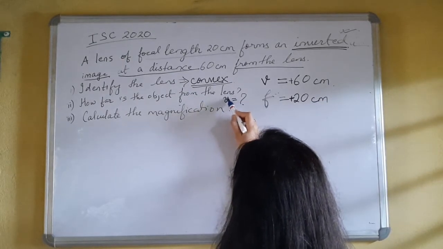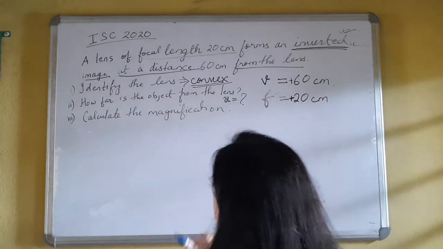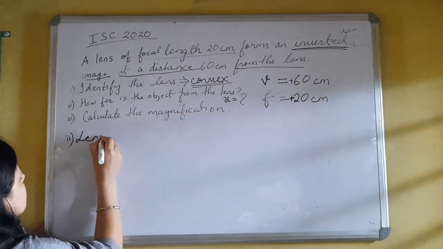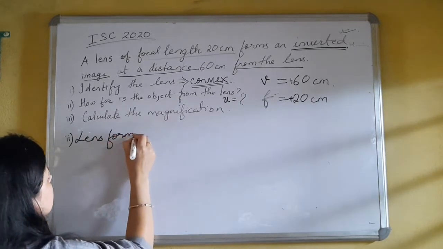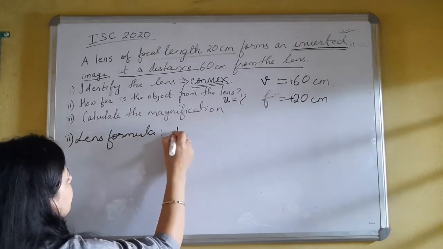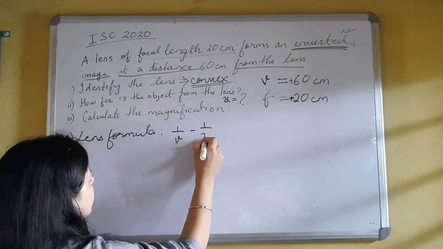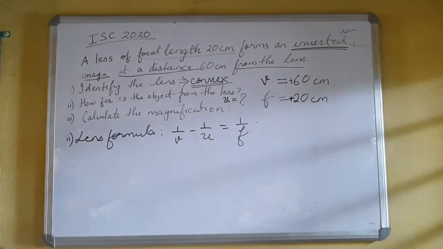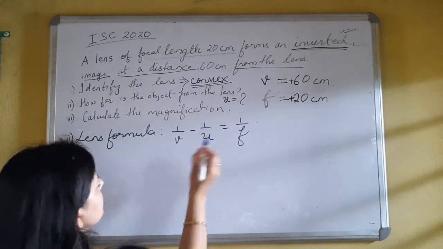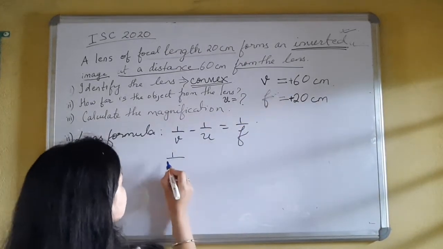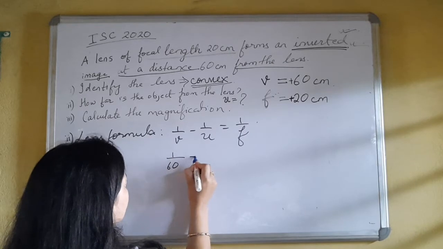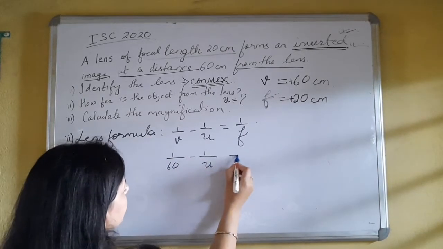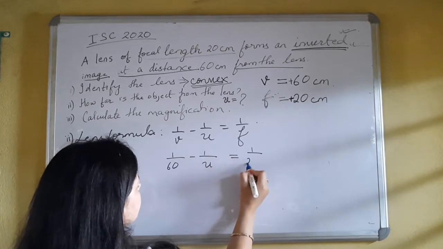What is u? Okay. Now for this second part, I will use the lens formula. 1 by v minus 1 by u is equal to 1 by f. Okay. Now I will replace the values with the signs. 1 by v is 60 minus 1 by u is what you should find out, is equal to 1 by 20.